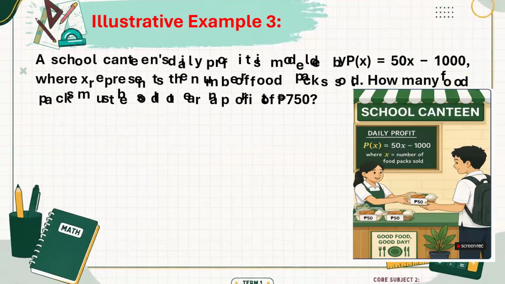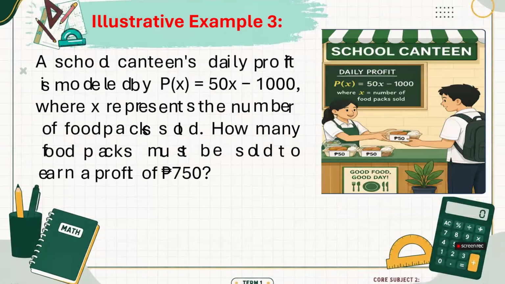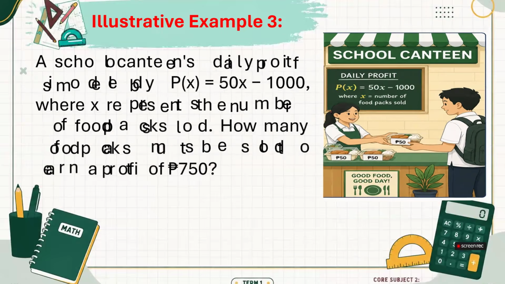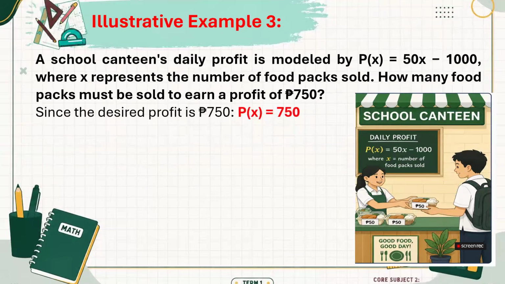So let's proceed now to the next illustrative example. A school canteen has a profit function of P of x is equal to 50x minus 100, wherein x is the number of food packs sold. So we write it as 750 is equal to 50x minus 100.